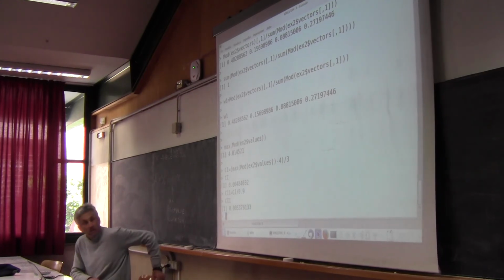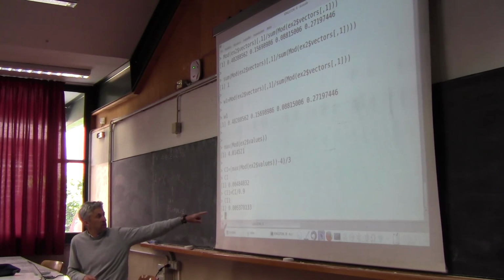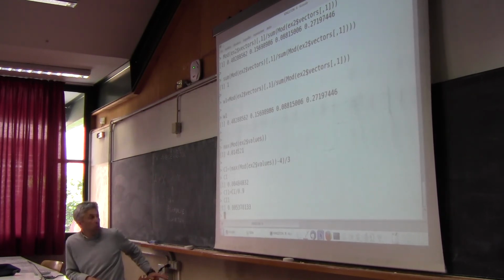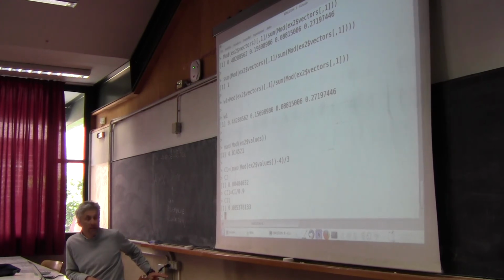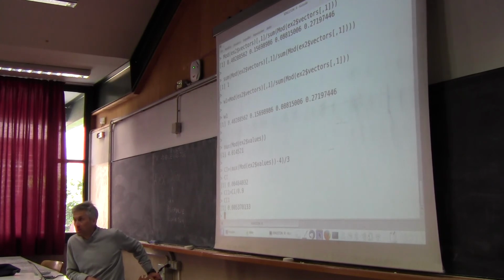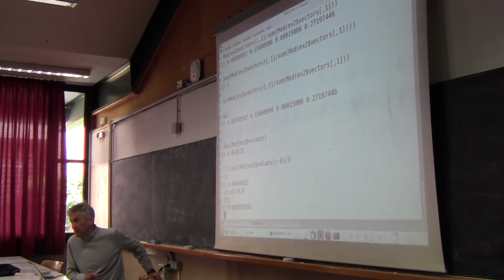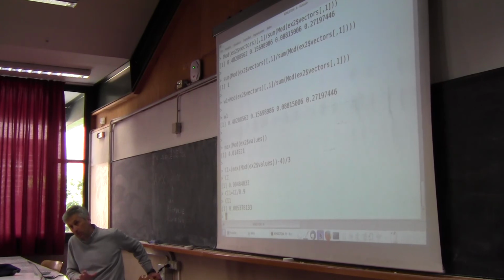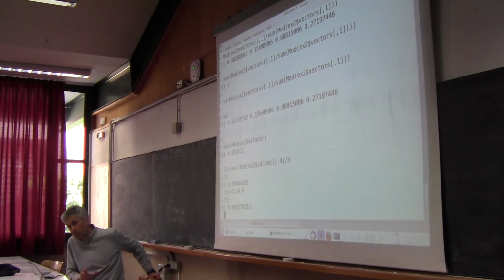And I got this value for the consistency index, which is fine, because it's well less than 0.1. So the matrix is consistent, but now let's play a bit in order to see what happens if we are less thoughtful when we prepare our matrix.